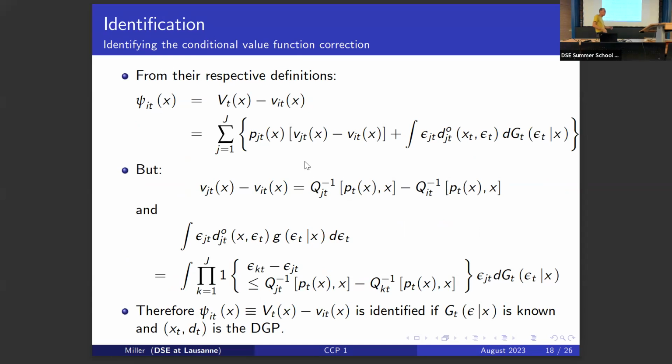So you have the optimal policy of J, and then you integrate out the epsilons, right? Notice for J here, we've got a 1 when J is optimal and a 0 otherwise. So which epsilon are we picking out? That's the way to think about it.